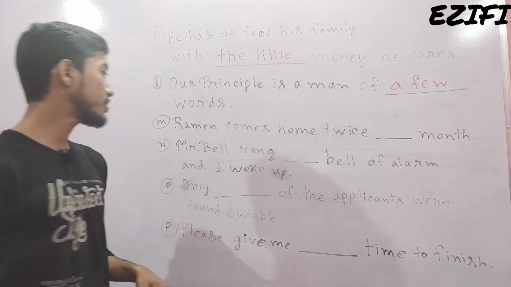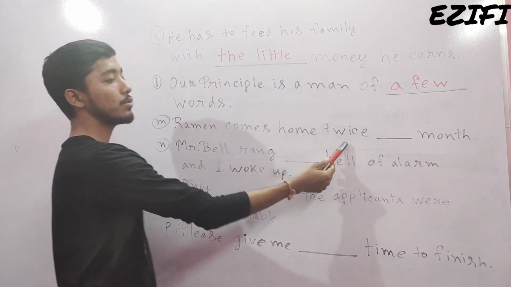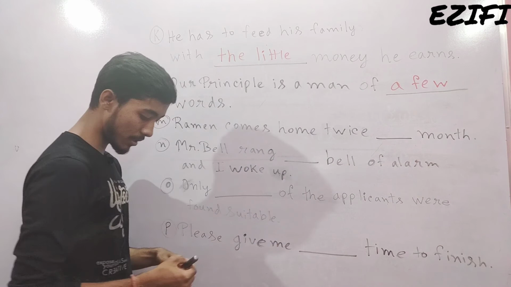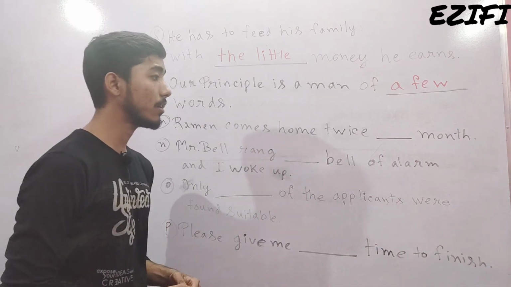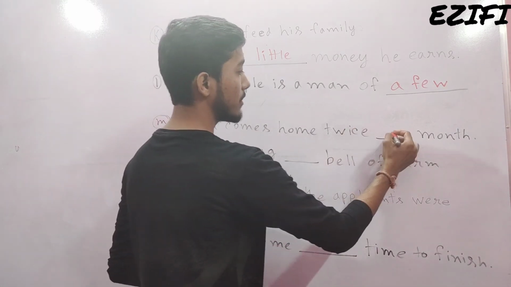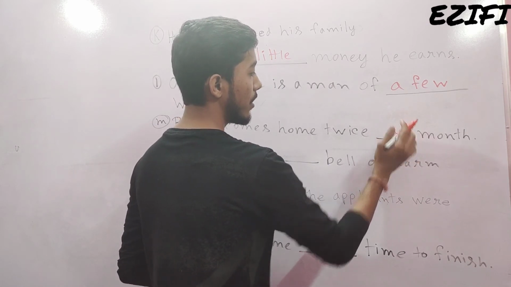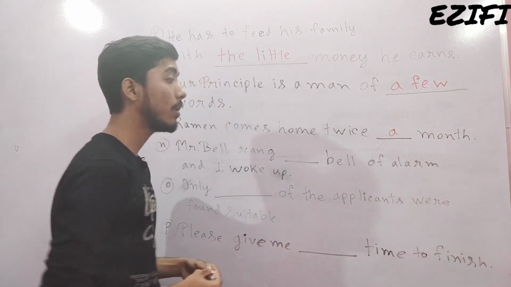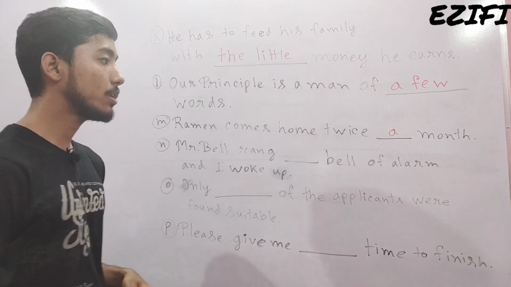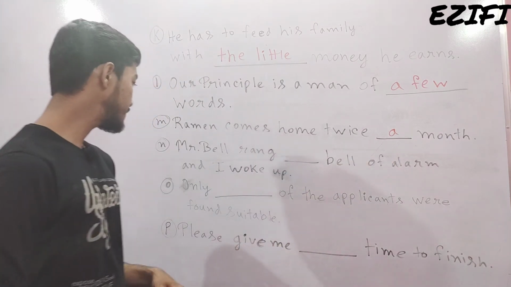Now the next question is, Raman comes home twice dash month. Now this we have done previously, twice a month. So we will use a, that is to mean one month. When we want to mean one, we can use the article a.